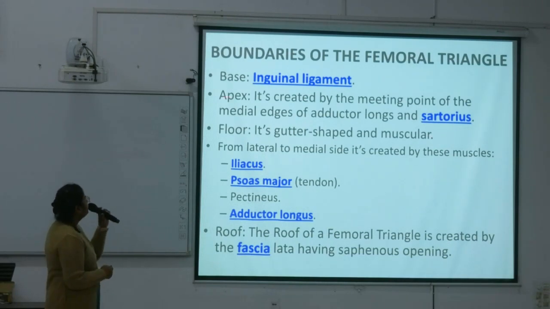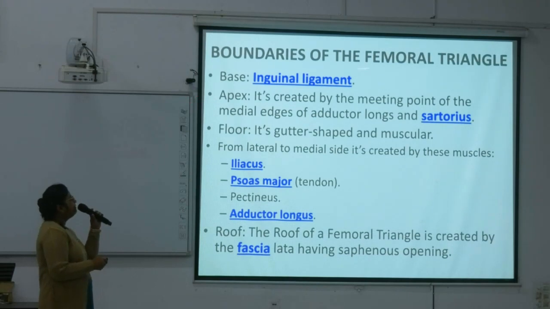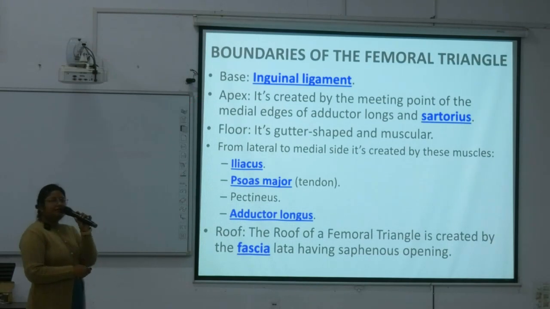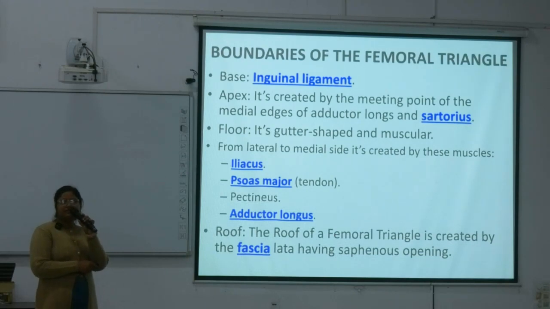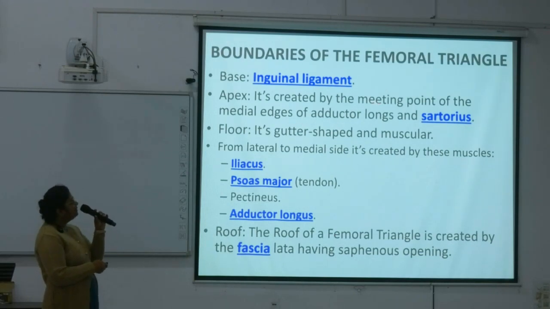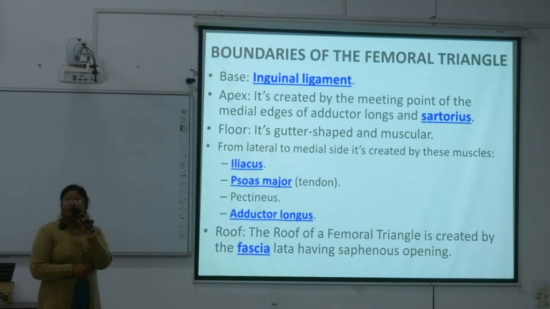Okay. So the base of this triangle is formed by the inguinal ligament. The base is above, and the apex is created by the meeting point of the medial edge of adductor longus and sartorius. The lateral boundary is the medial border of sartorius and the medial boundary is the medial border of adductor longus. Adductor longus is included in the floor muscles, the floor of the femoral triangle.